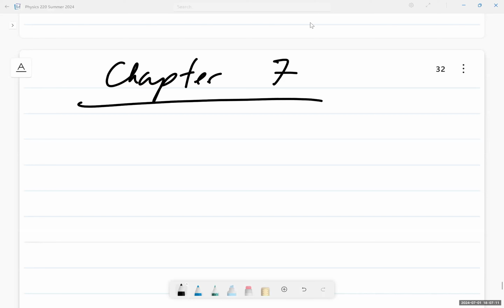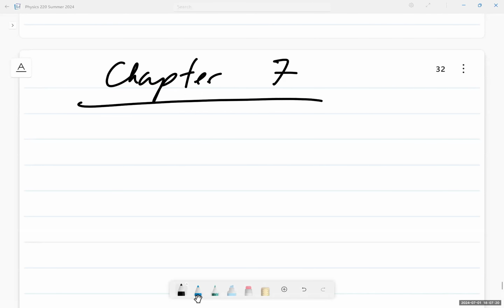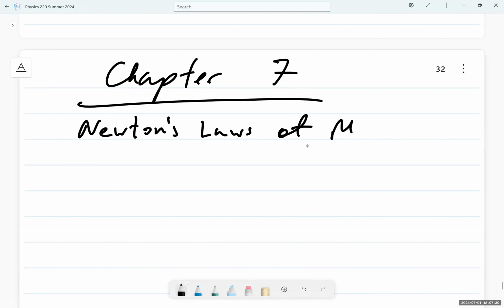All right, so let's go back here. Chapter 7 is still about Newton's laws of motion. This is an application of Newton's third law.